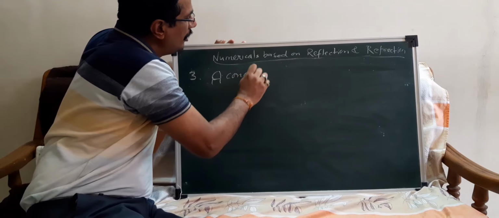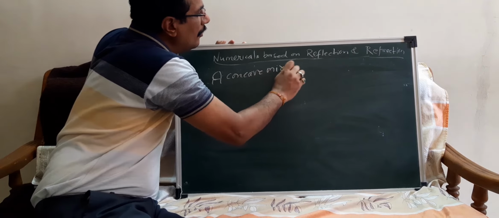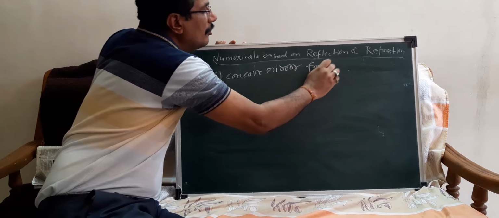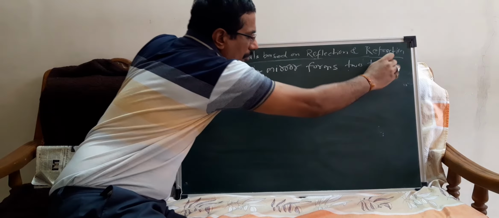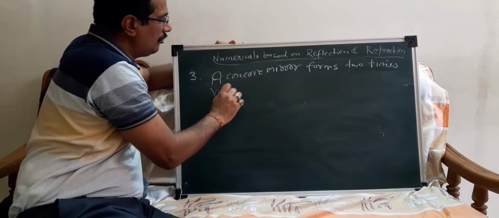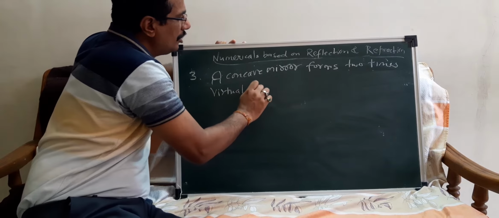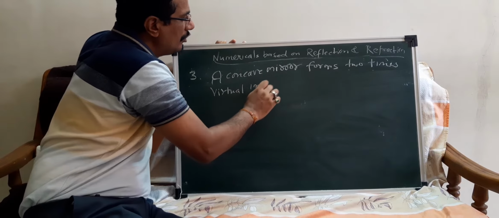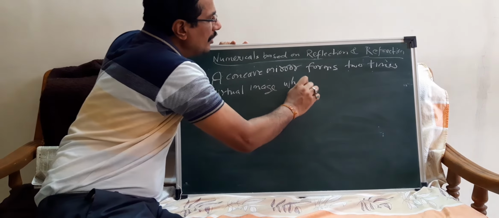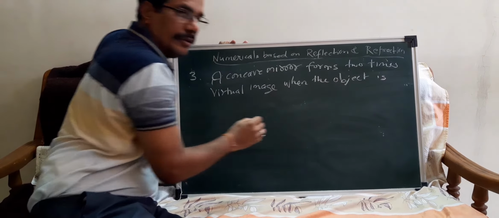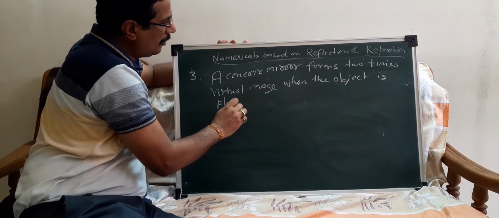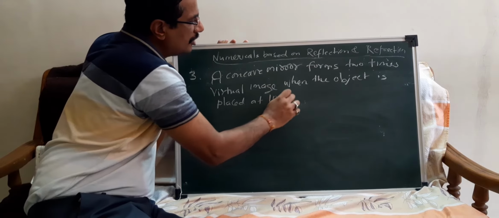A concave mirror forms 2 times virtual image when the object is placed at 10 centimeters from it.